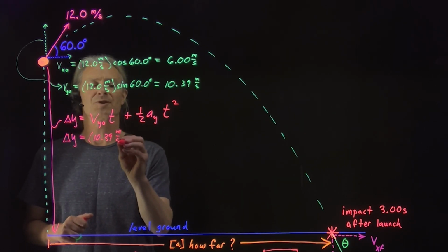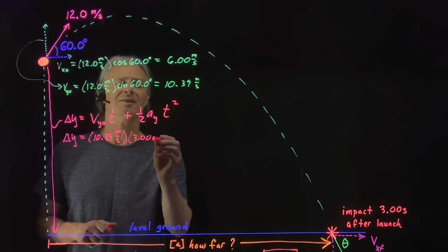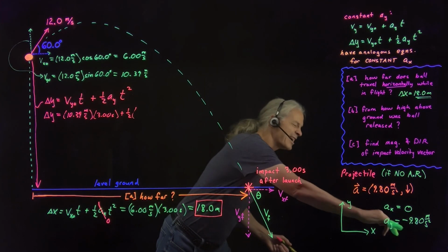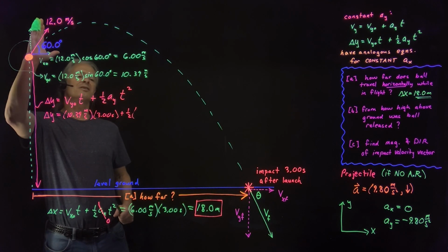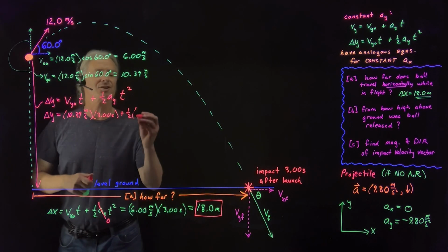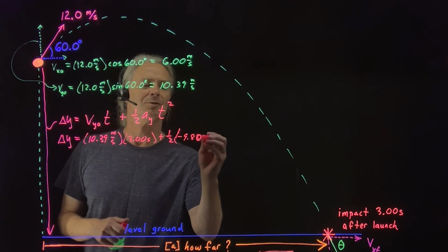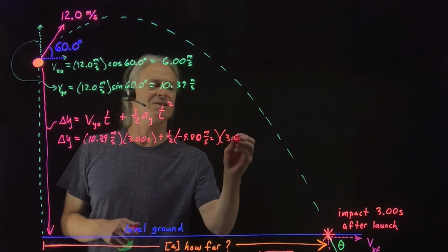All right, so let's plug in. Delta y equals, well, v sub y 0 was 10.39 meters per second. The elapsed time, that's 3 seconds. Plug that in, plus 1/2 a sub y, that's our negative 9.8 meters per second squared. We took up to be the positive y direction, so this downward acceleration is in the negative y direction. So minus 9.80 meters per second squared, and then I'll put in my 3 seconds.